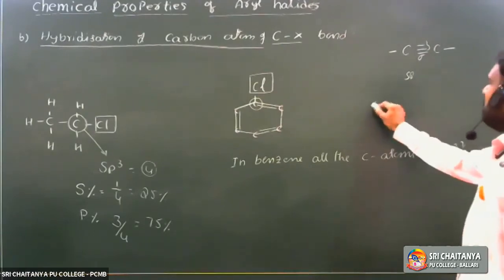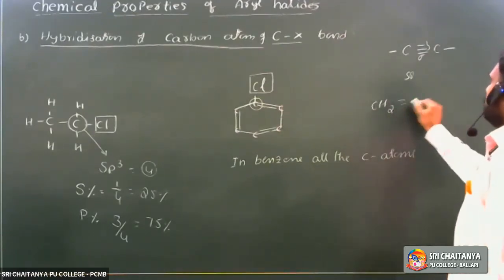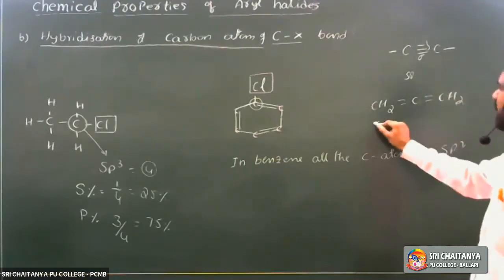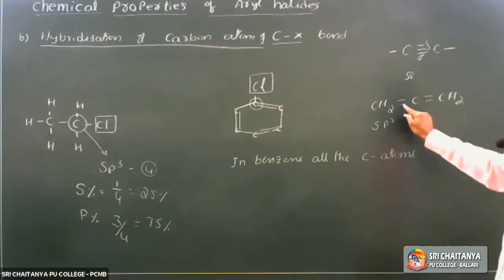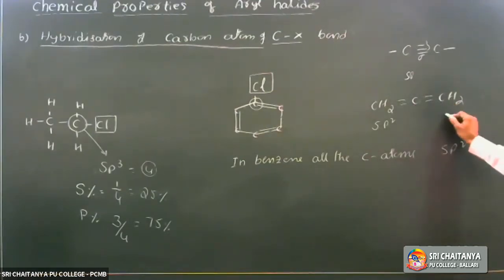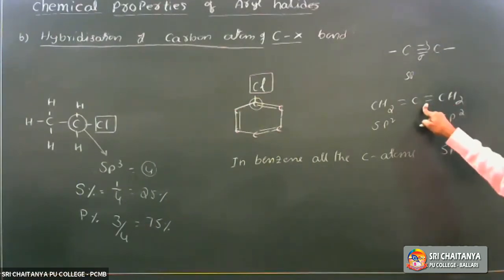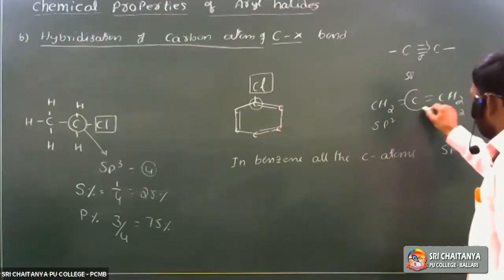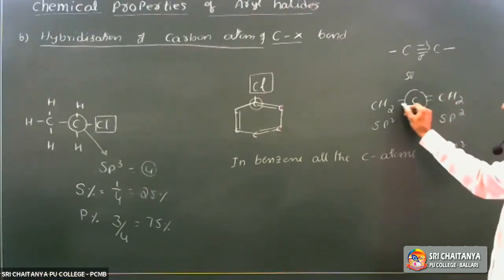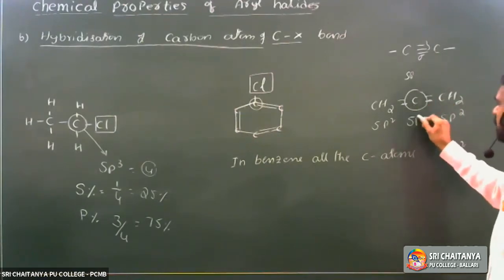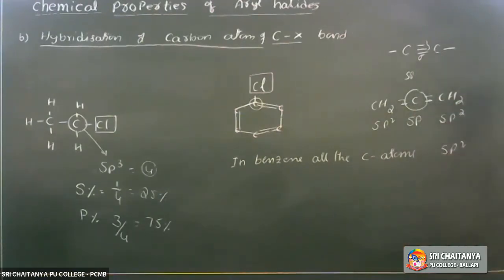Another important example is allene. CH2 double bond C double bond CH2. The hybridization of this terminal carbon is sp2 because it is attached with 1 pi bond. The hybridization of the other terminal carbon is also sp2. Whereas the middle carbon is attached with 2 pi bonds, so its hybridization is sp.